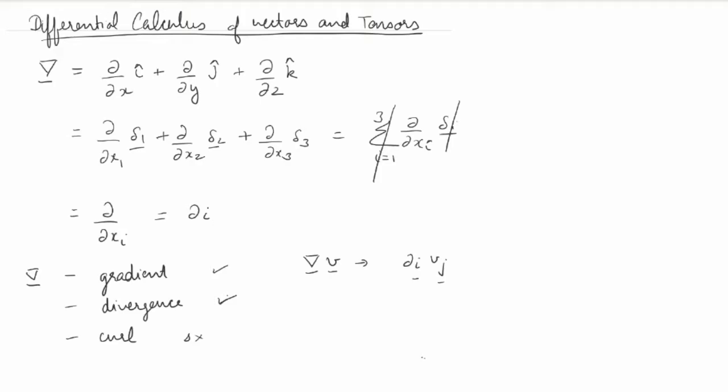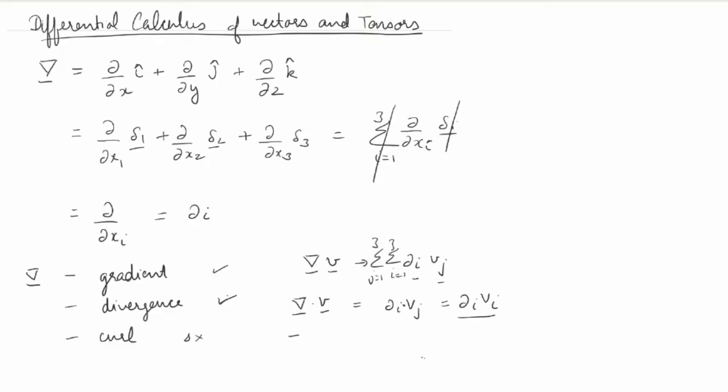So this will have 9 components, and i and j both go from 1 to 3. When we find the divergence, del dot v, this becomes ∂i vj dotted. This is equal to ∂i vi, and this becomes a scalar quantity.